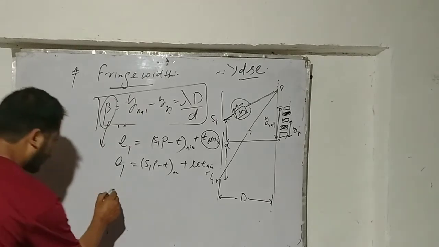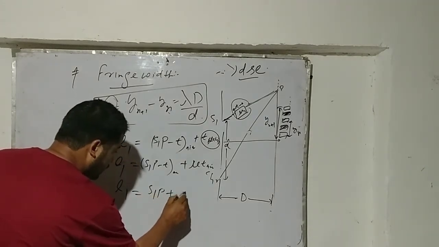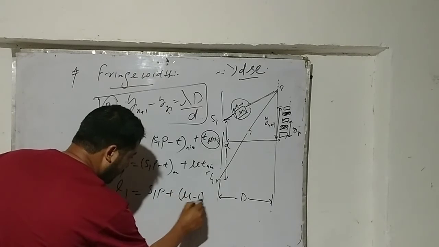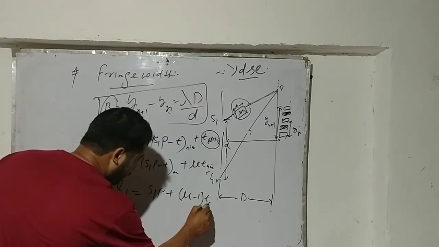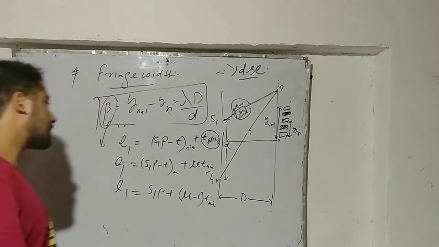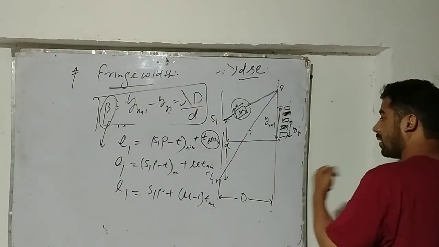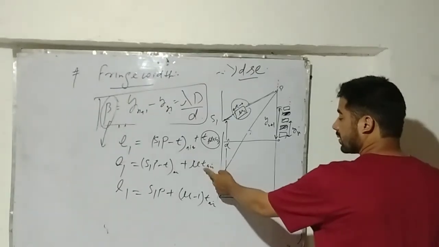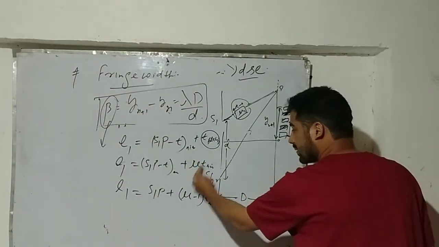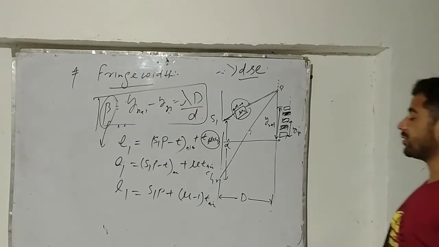Yes, so I can write my L1 here as S1P plus mu minus 1 times T of air. It means the distance the light ray needs to travel along this medium will be simply the refractive index times the same distance that it would need to travel in air.